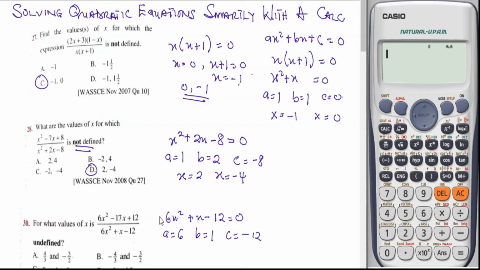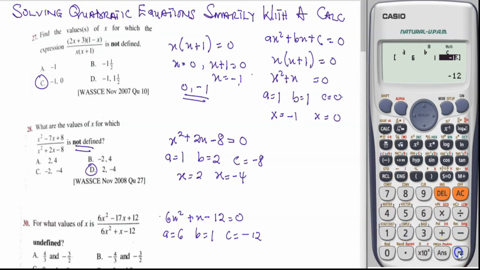So programming this on our calculator to get the values of x, we have to set our calculator to the quadratic equation solution mode. So we go through equation, which is number 5, and then we come to number 3. So we key in the values of a, b, and c. So we have 6, enter, 1, enter, and then negative 12.